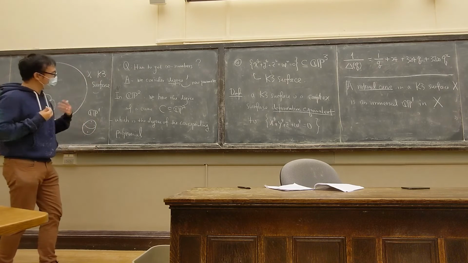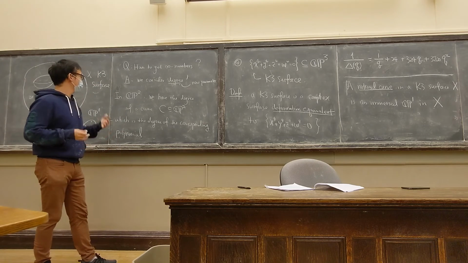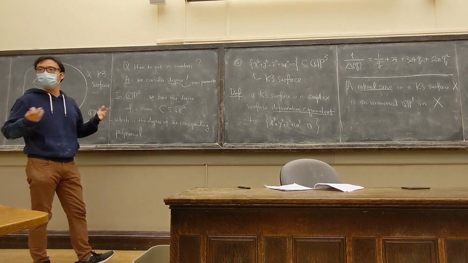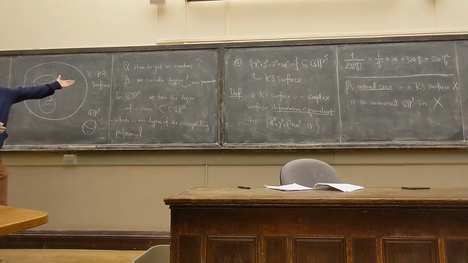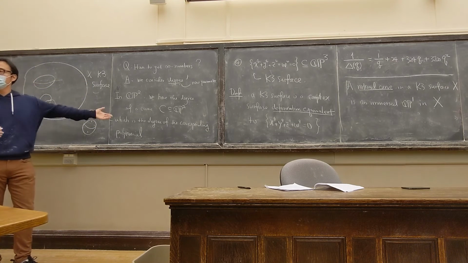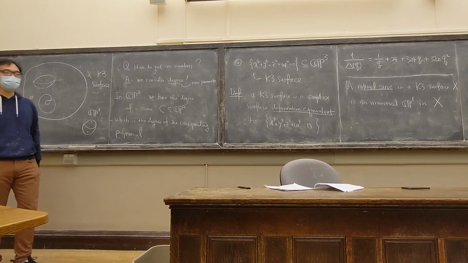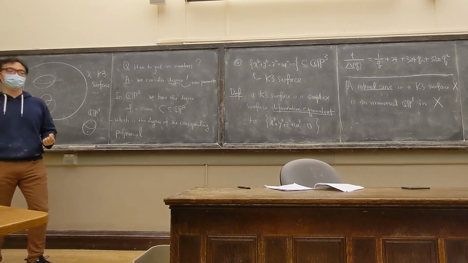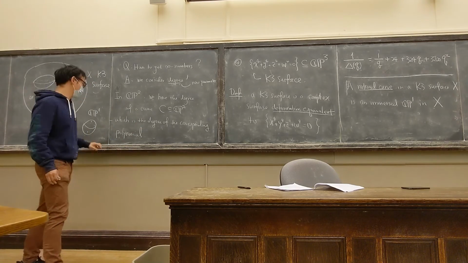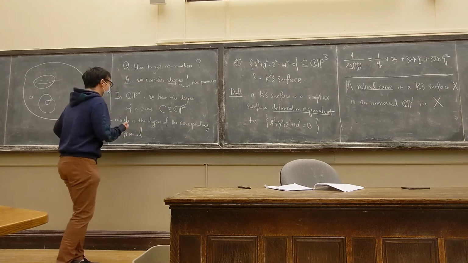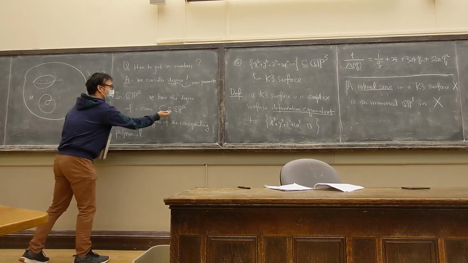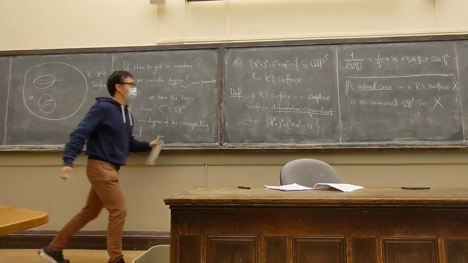This is due to the very nice property of CP2, but when we consider some more complicated space, how do we recover this piece of data, or generalize it in that case? This suggests that we can use some ideas from topology, more precisely algebraic topology. So it's a natural question: how to think of the degree of a curve inside CP2?